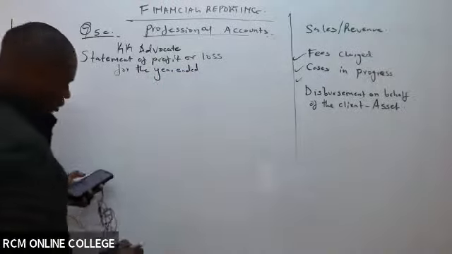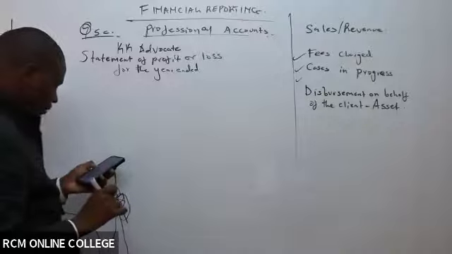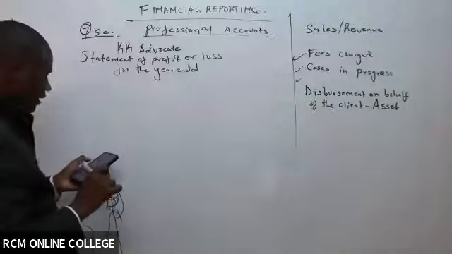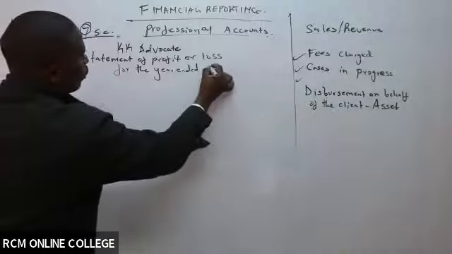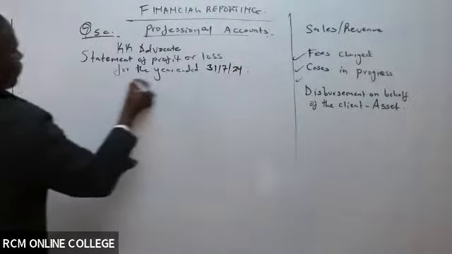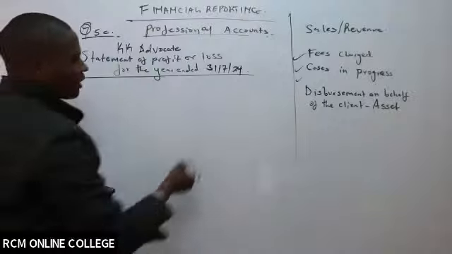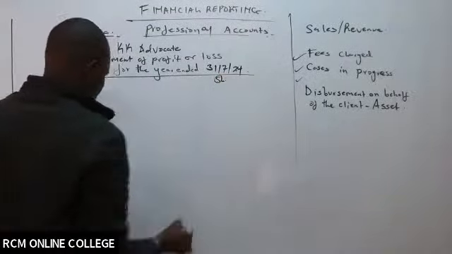Thank you so much, Victor. So for anyone who has just joined, kindly download that paper. For the year ended, this was 31st July 2024. And always scare the examiner by putting a line like that.